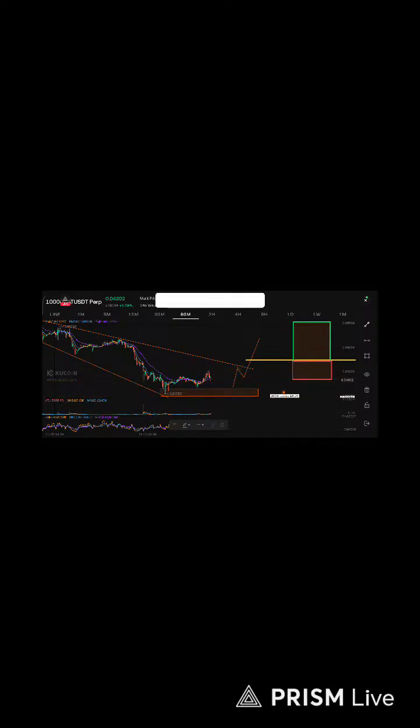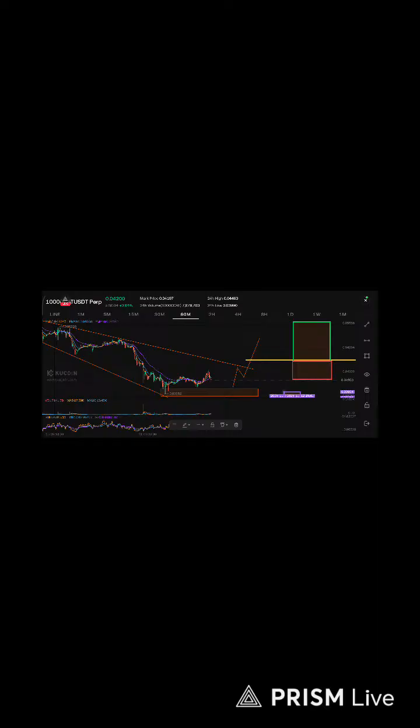But if the trade should break this zone, okay, if the trade should break this zone that is being painted purple, then know that we're going to look for a bearish reversal pattern right there.